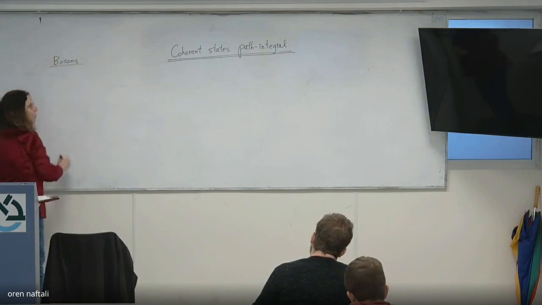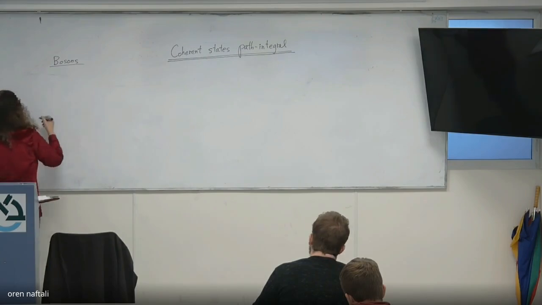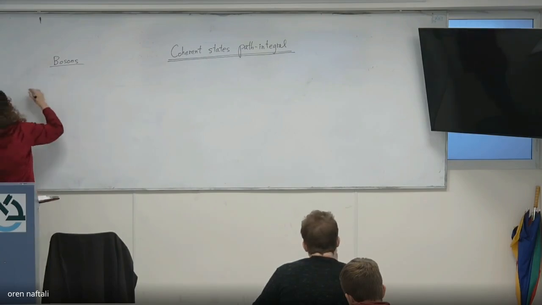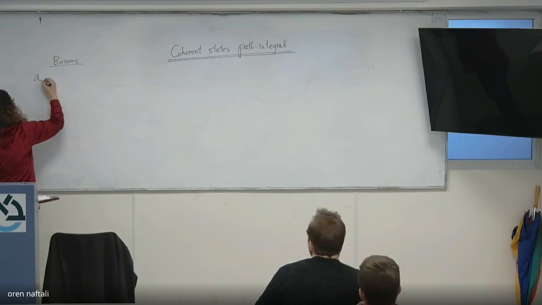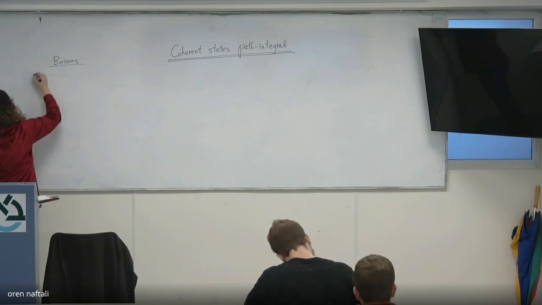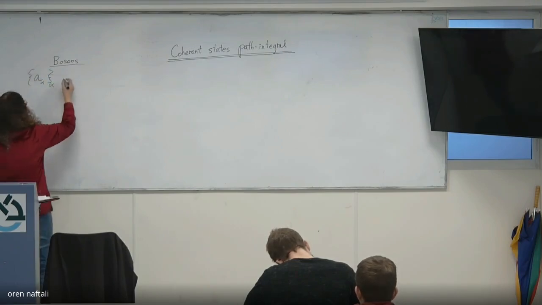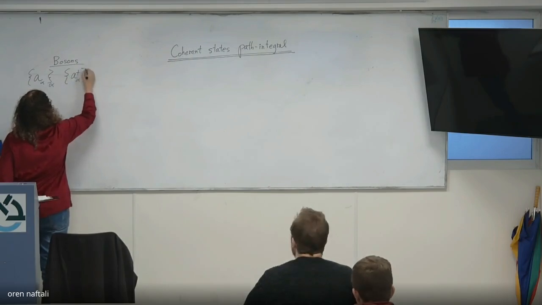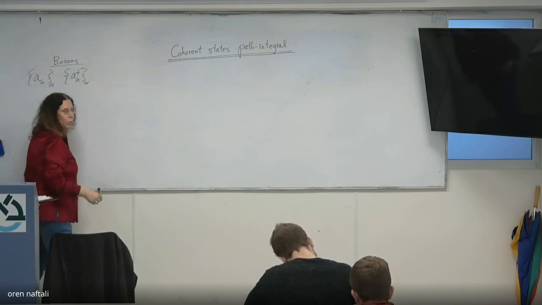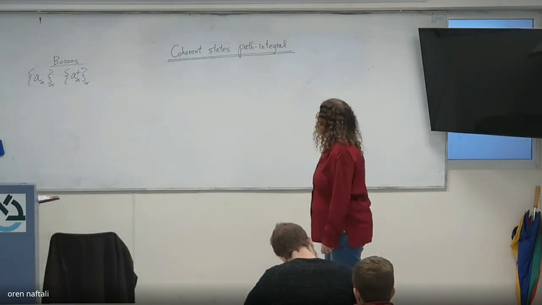So we have a set of identical particles with bosonic statistics, and they are described by a set of annihilation operators and creation operators. Alphas are some quantum numbers of the single particle states.